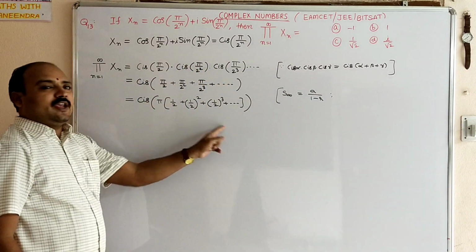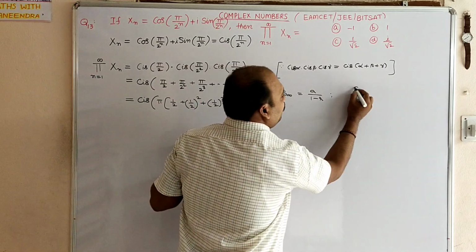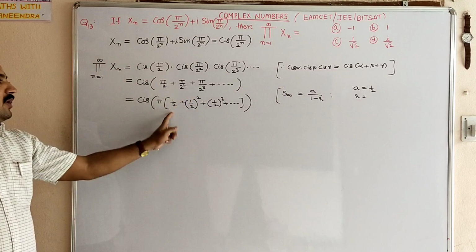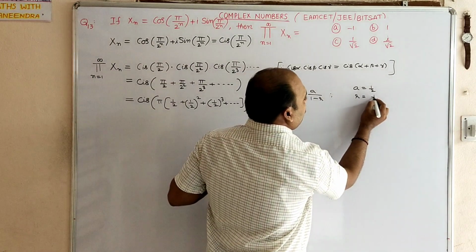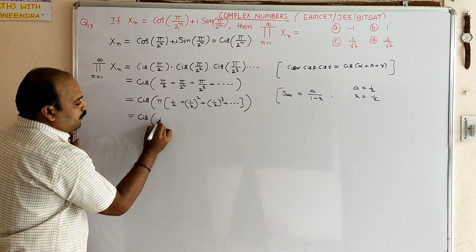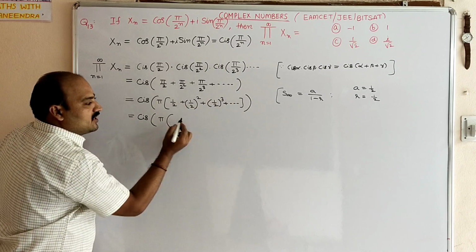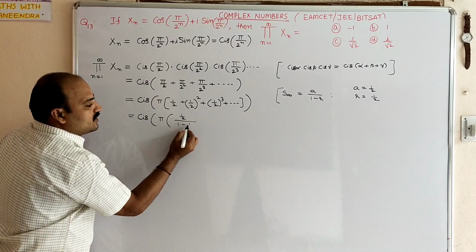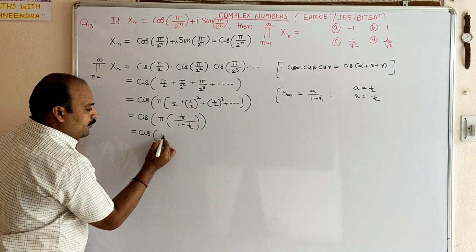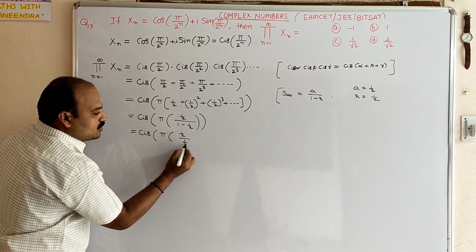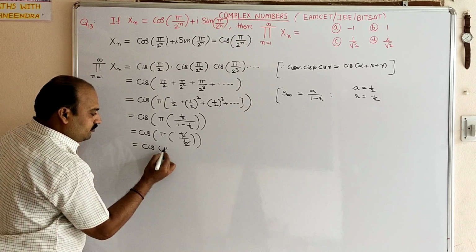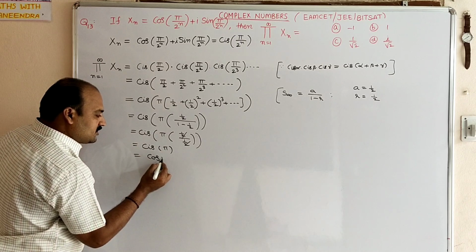In this series, a is the first term, that is 1 by 2, and common ratio r is also (1 by 2) whole square by 1 by 2, again 1 by 2. So S infinity value is cis of pi into a by 1 minus r. A value is 1 by 2 by 1 minus 1 by 2, so cis of pi into (1 by 2) by (1 by 2), so cis of pi, which is equal to cos pi plus i sin pi.